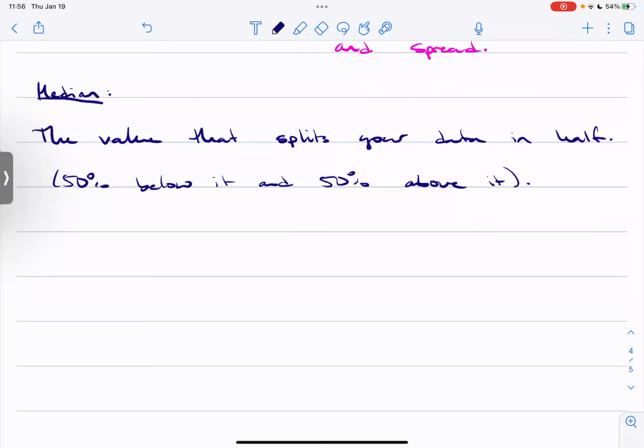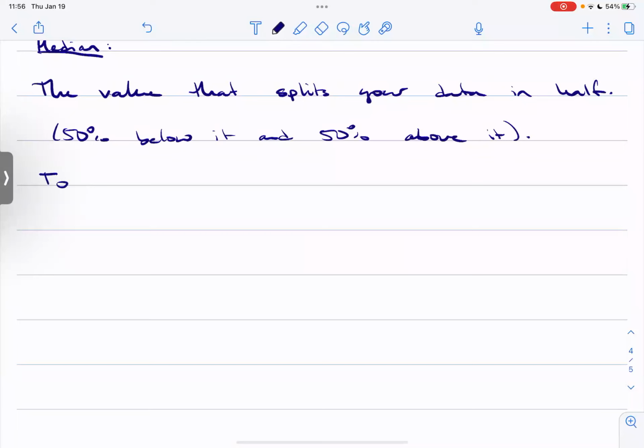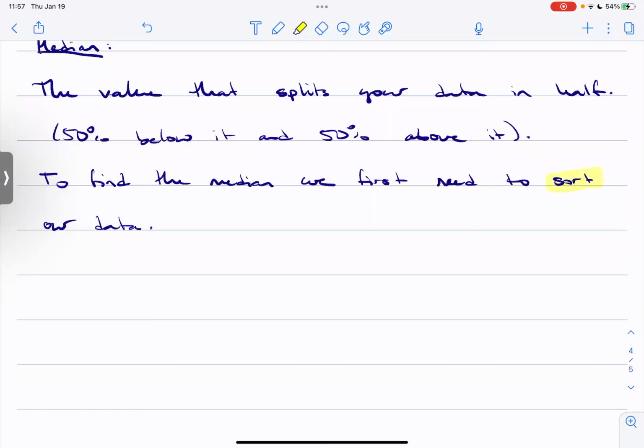To find the median, we first need to sort our data. Smallest to largest feels obvious, but I'll write it.